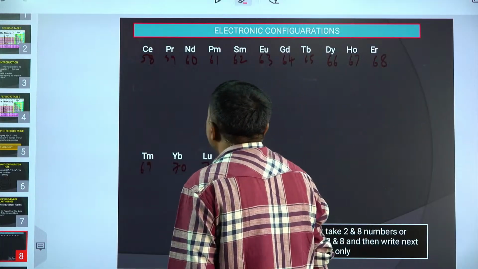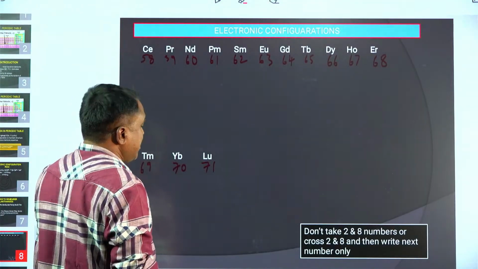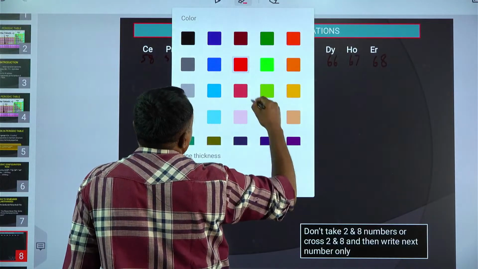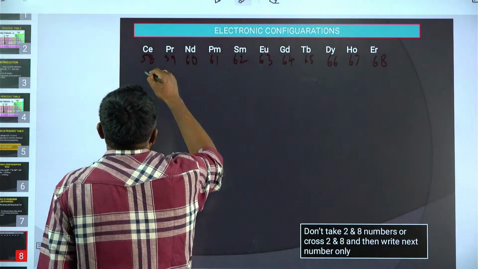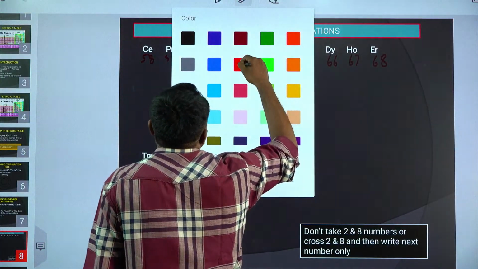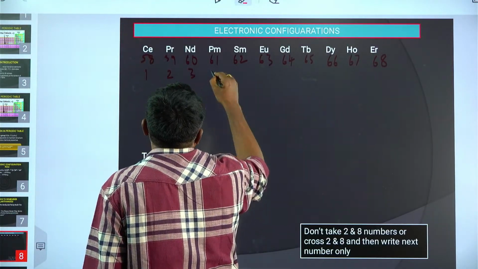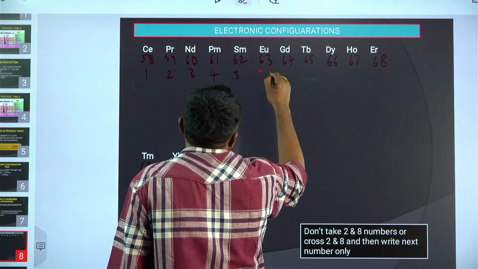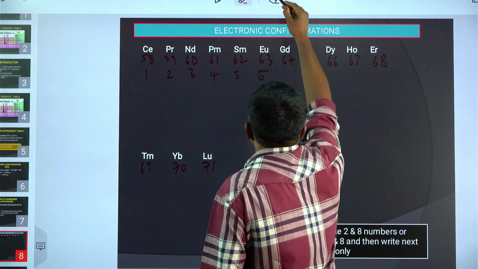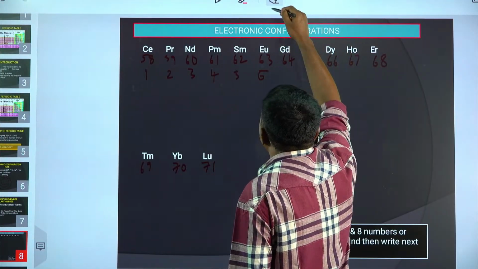So first, in order to write the electronic configurations, you take numbering.